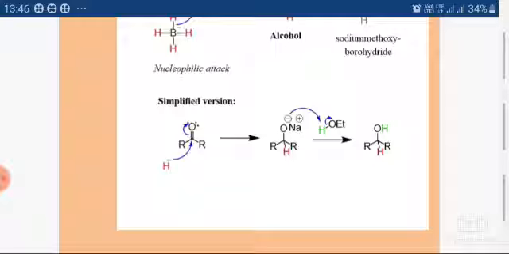This reaction also involves 2 steps. One is nucleophilic attack by hydride ion, and here is the attack. The hydride ion attacks the carbonyl carbon of the ketone, and there is formation of a sodium salt. Now this sodium salt of alcohol abstracts one of the protons from the ethanol to form the alcohol, and there is conversion of a ketone into alcohol.